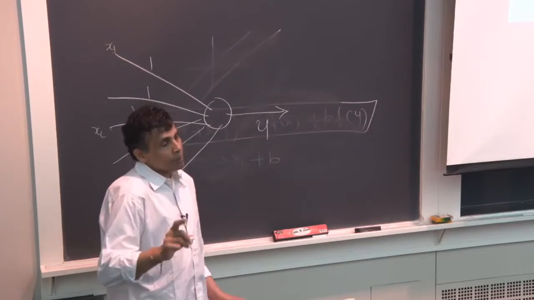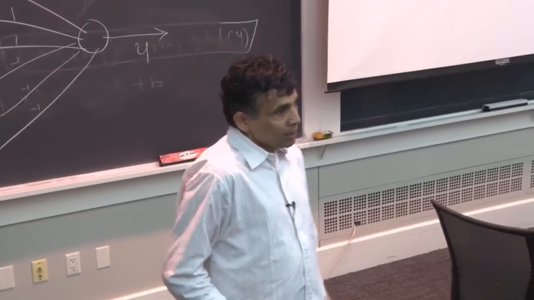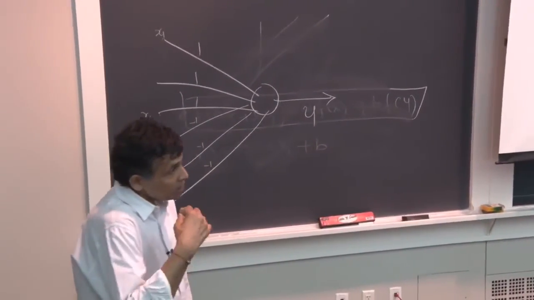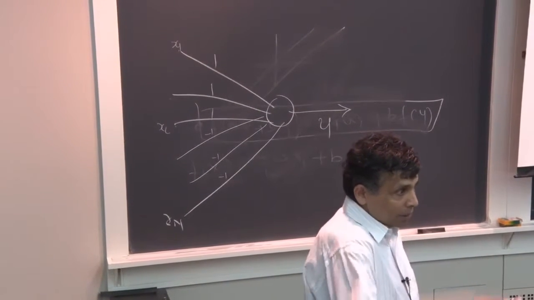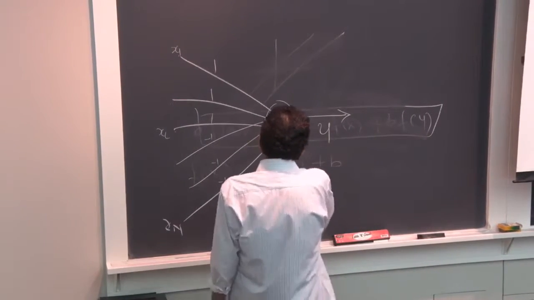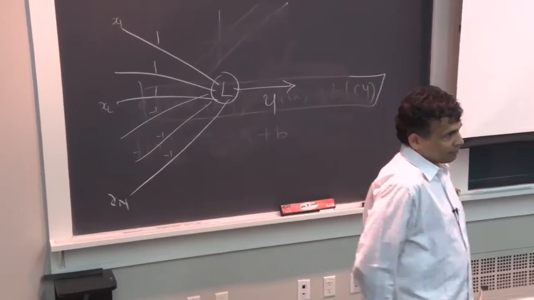So let's see what happens when I get exactly the pattern I want. The first L are 1, and the rest of the inputs are 0. In that case, what is the total weighted combination that comes in? L, because I have L ones and the rest are zeros, right? So if I use a threshold of L, the output is going to be a 1 for the correct pattern.